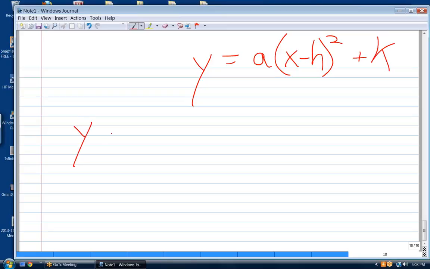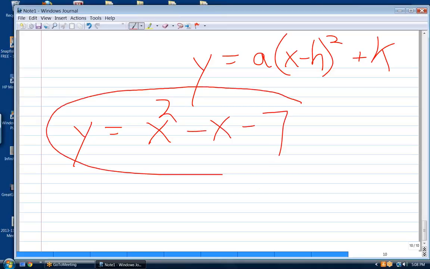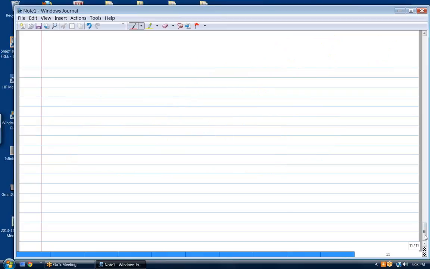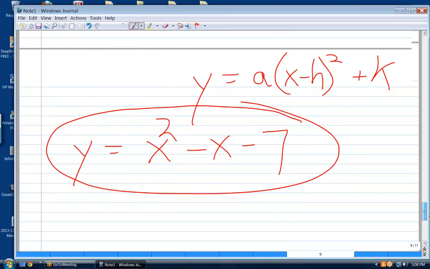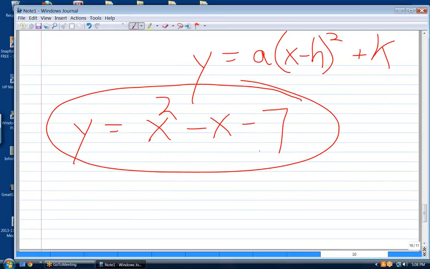Well, if I said this, and I want to put this into standard vertex format, I do it a little different. I'm still going to complete the square, but I'm not going to move the number to the other side. Notice why. Standard vertex format has this k on the right side of the equation.